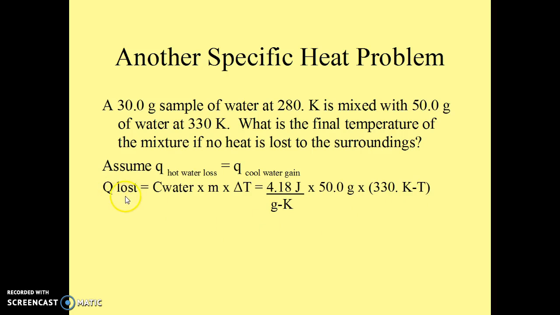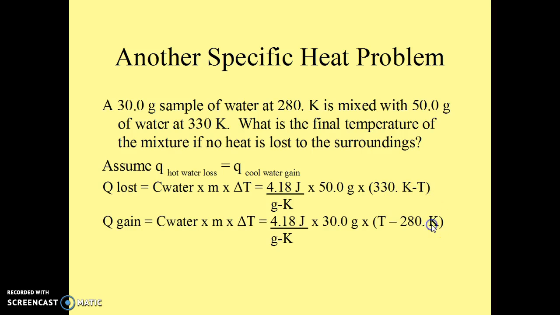The heat lost is equal to the specific heat of water, 4.18 joules per gram Kelvin, times the mass, 50 grams, times the change in temperature, which is 330 Kelvin minus the final temperature.